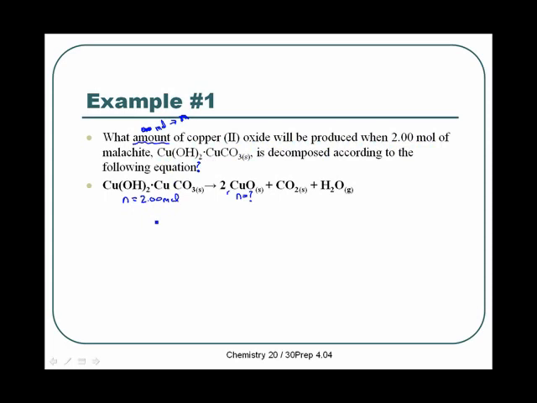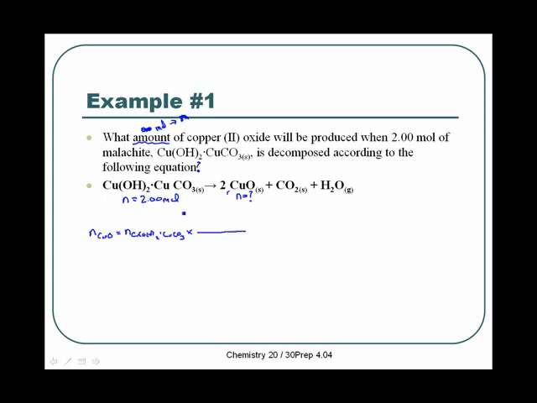And now I can use my mole ratio to answer my question. And here's what we're going to do. We're going to go with the N of CuO is equal to the number of moles of CuCO3 times my mole ratio. And here's what I want to find out.